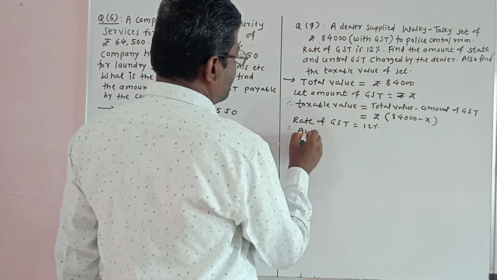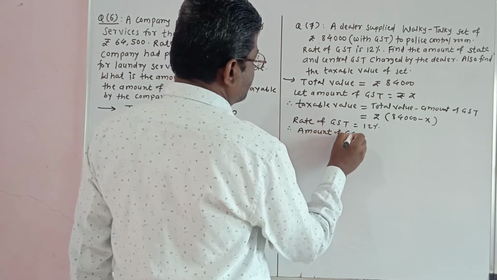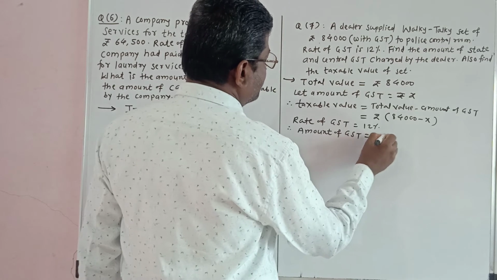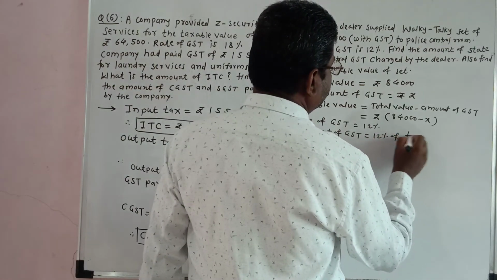Therefore, amount of GST is equal to 12% of taxable value.